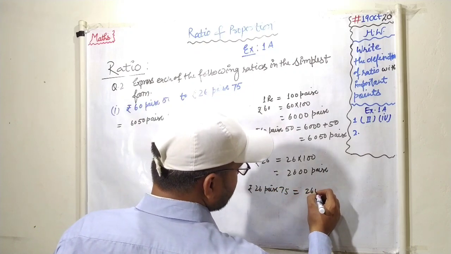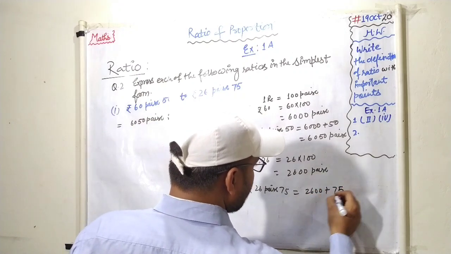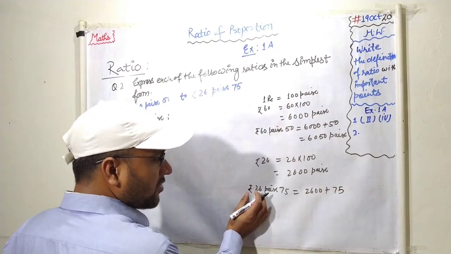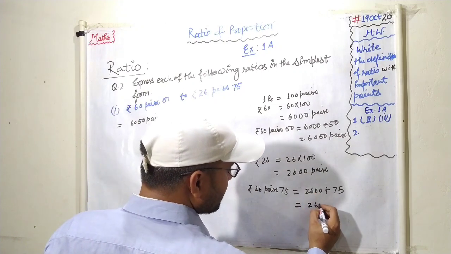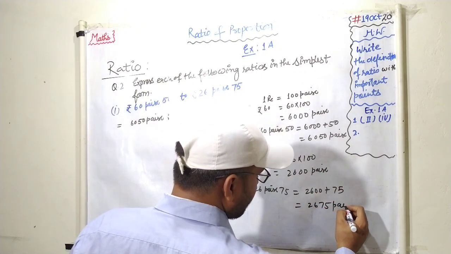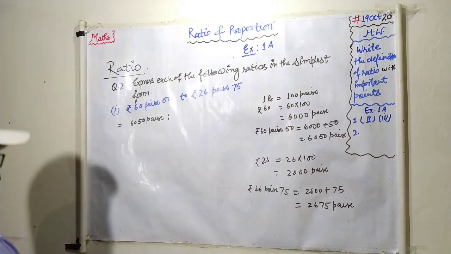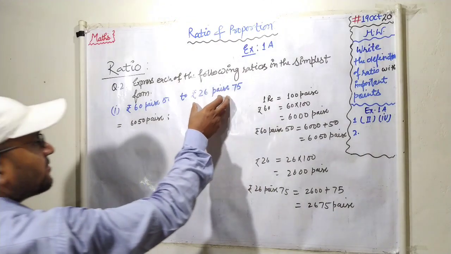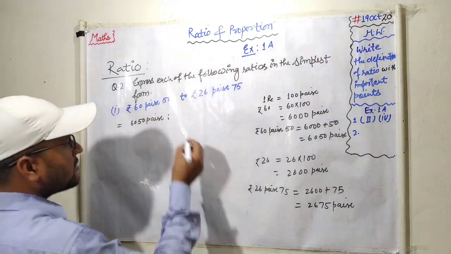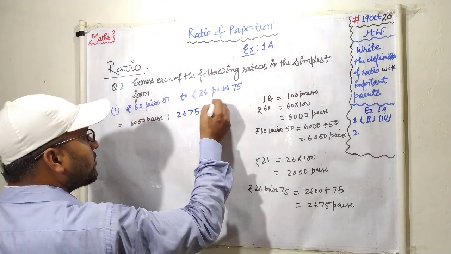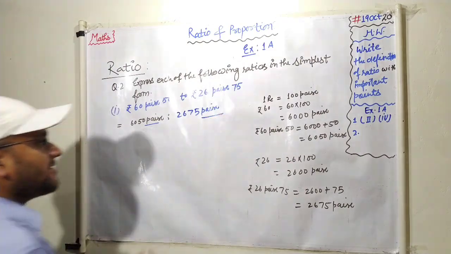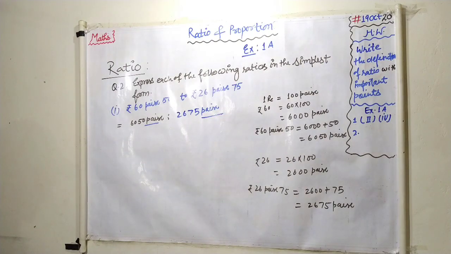So 2600 plus 75, because this is paise and this also you have converted into paise. Add this one, you will get 2675 paise. So in place of this, I'm going to write 2675 paise. Both are in the same units, and then you will compare it, students.